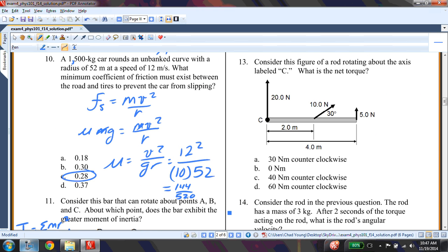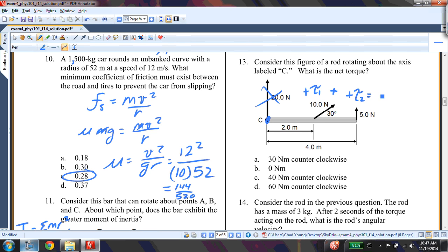Number 12. Consider this figure. What is the net torque rotating about point C? This provides no torque. They're both counterclockwise, so this is a positive torque 1, and this is a positive torque 2.